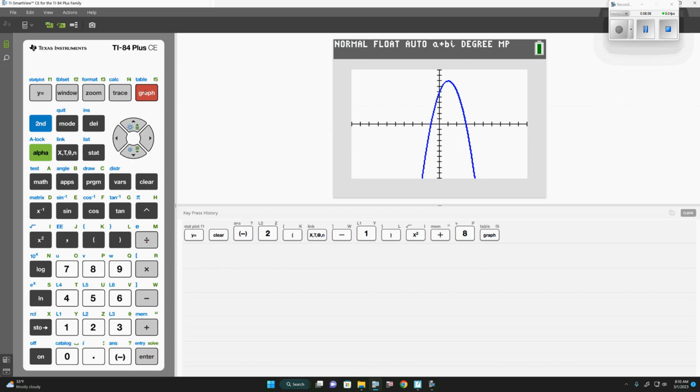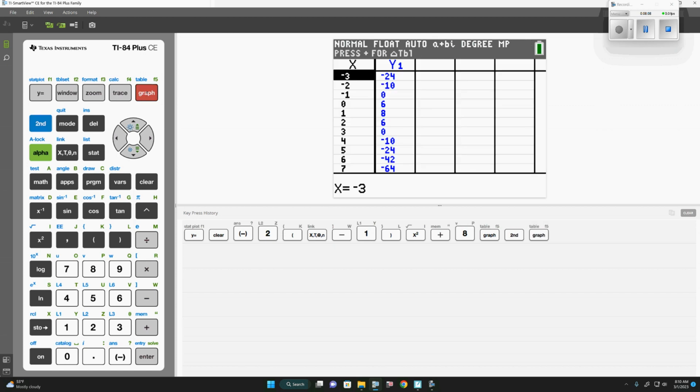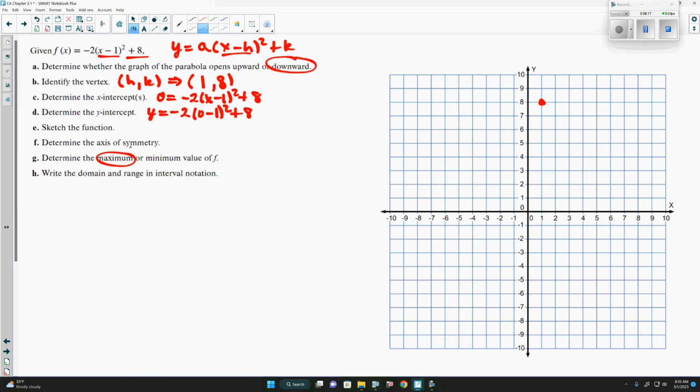Well, and if we look at the table, what values of x make the y be 0? Negative 1 and 3. So negative 1 and 3 are the 2 points where it does cross the x-axis. So the x-intercepts are going to be the points negative 1, 0, and 3, 0.